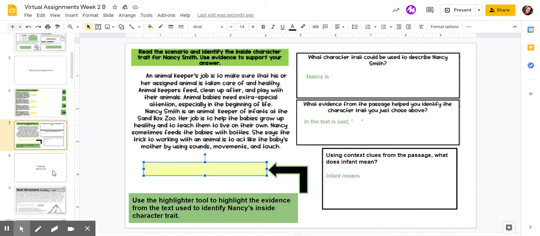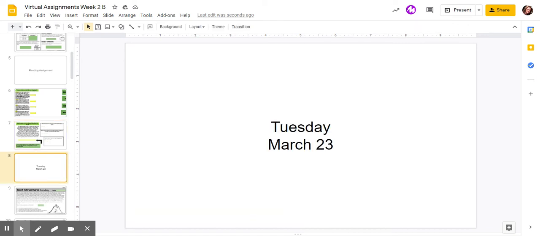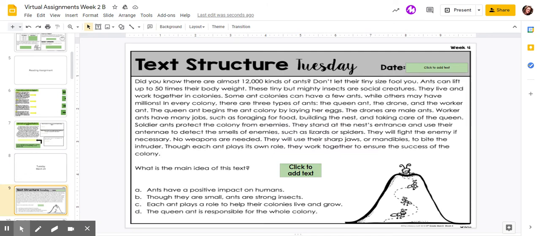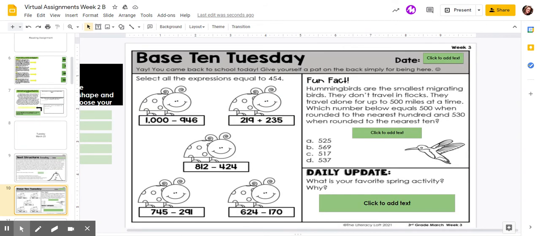Okay, for Tuesday, you are going to be looking at text structure. You're focusing on the main idea. So what was the text mostly about? And you're writing that letter here. And then you're doing your base 10 Tuesday. So select all the expressions equal to 454.